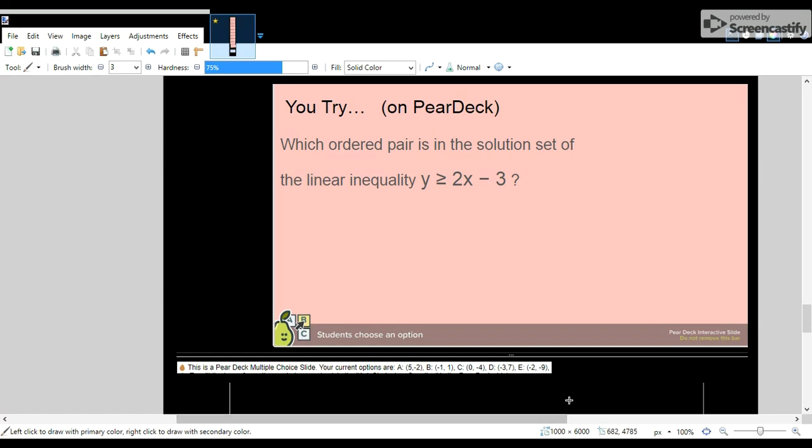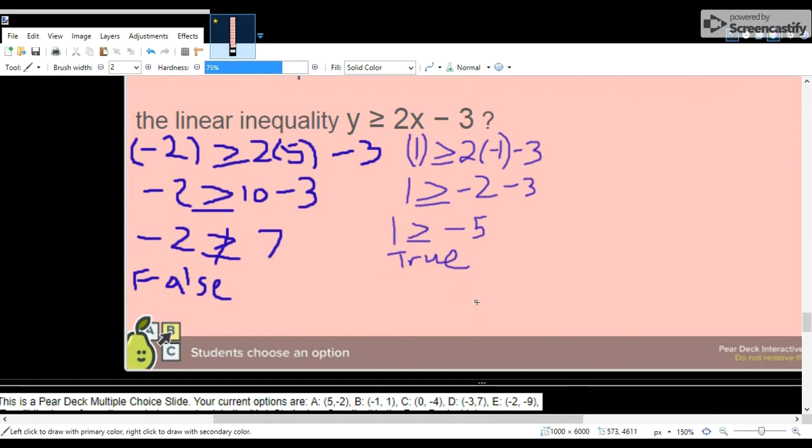Pause the video, try those out. So the first one would be false. Try the next one. The second point is true. So B would be one of your solution sets.